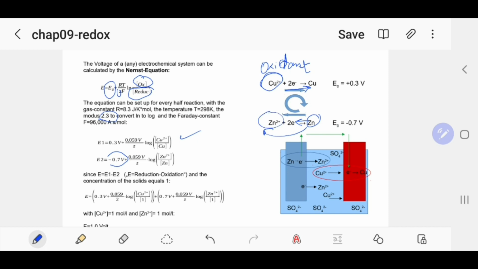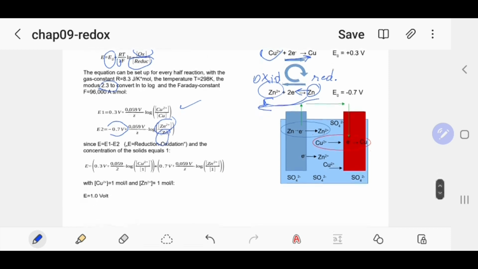So this is an oxidation reaction, so the zinc is being oxidized, which means that this is the reducing agent and this is the oxidant again. So concentration of zinc ion to zinc metal.